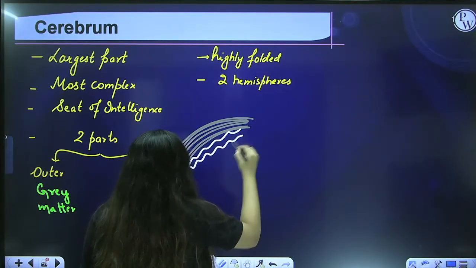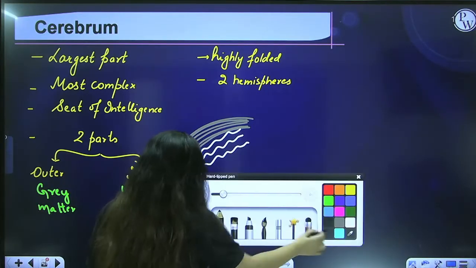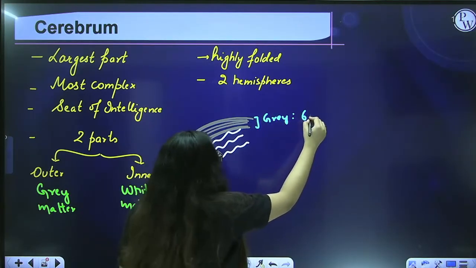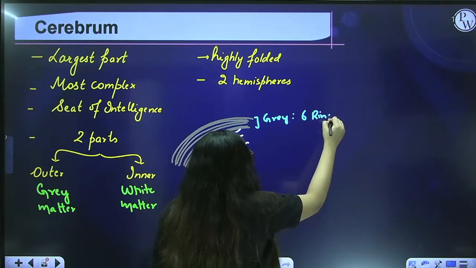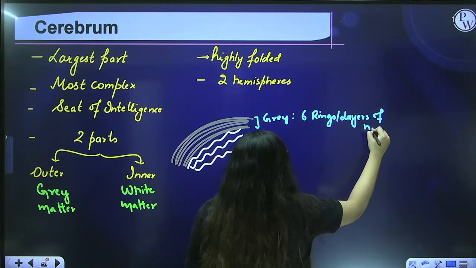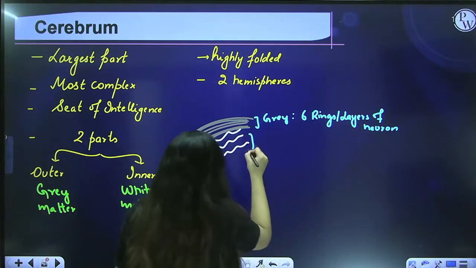Gray matter is present in the form of 6 layers of neurons, whereas white matter is white in color.